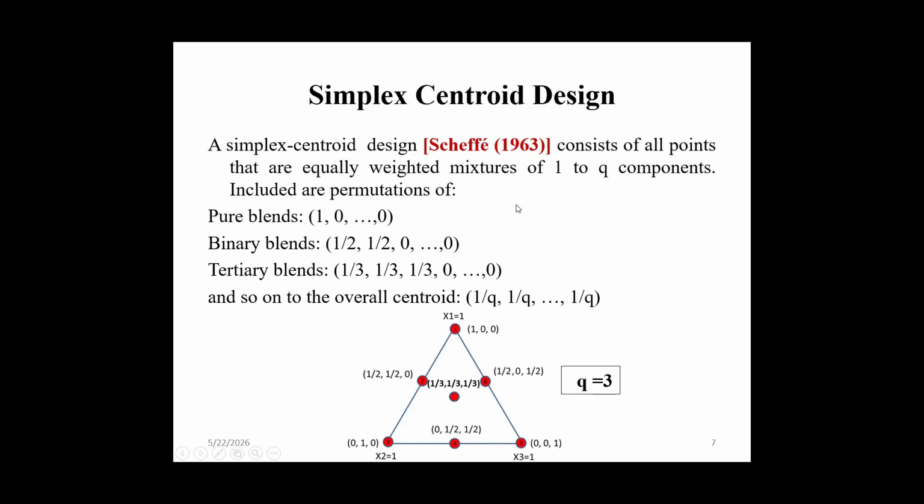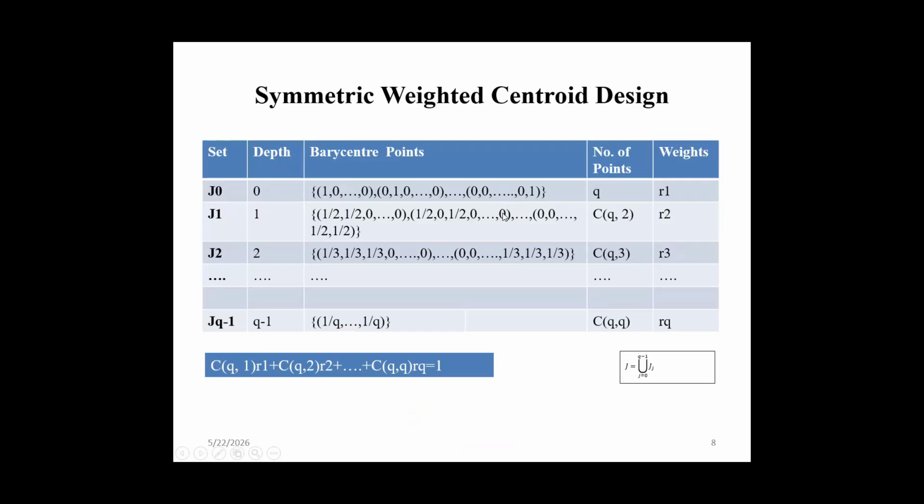This is a generalized version of the simplex centroid design, where we take different types of barycentre points. Barycentre points are defined by depth in a mixture experiment. When only one ingredient is present, the depth is 0.